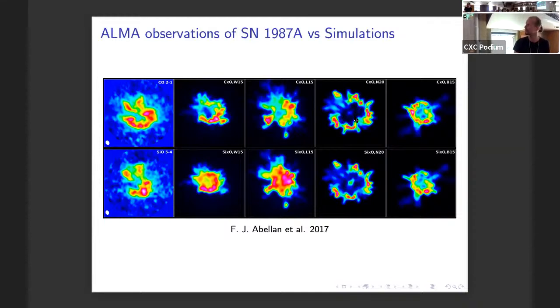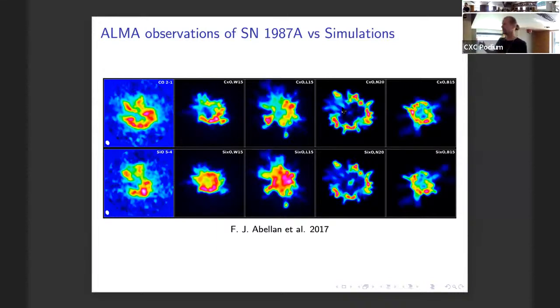The radius of this ring, which is just a slice in the density of carbon and oxygen from the model, is much too large to explain the structure we observe. Also, the number of clumps and the size of the clumps is very different from the observations. So this model would not be able to explain the observations, just to show an example.